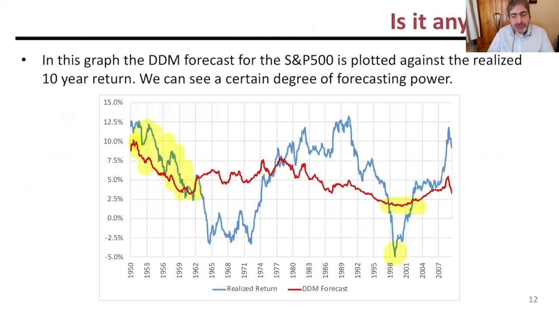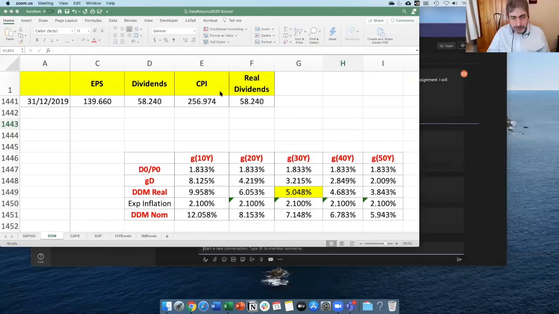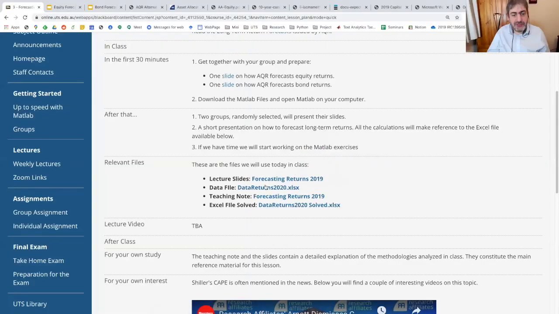So I posted online. You have two files in UTS Online. You have the file data returns 2020. Sorry, I didn't share my screen. So you have data returns 2020, and then I also posted the solved version.